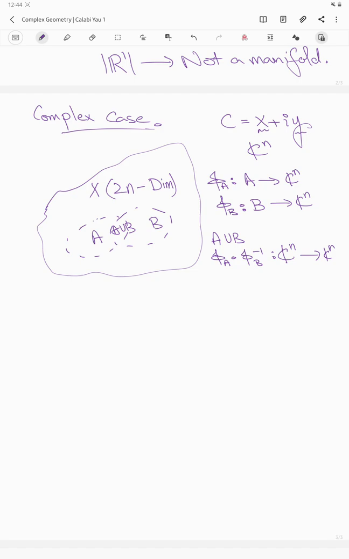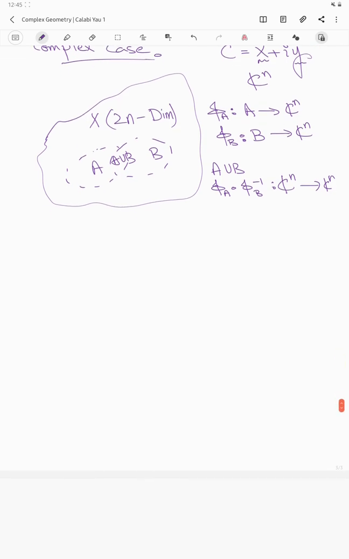Now, perhaps you might be familiar with this in the case of the complex space, where F is a map from complex space to complex space, and this is your function.